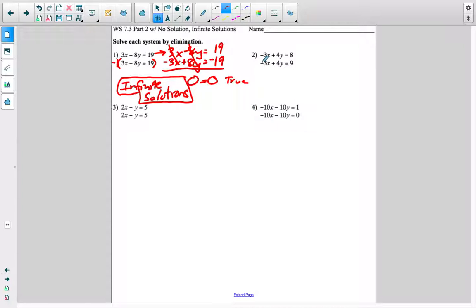If I were to multiply by -1 here, it would make that a positive, that a negative, and that a negative, or the opposite. If you want to save a little bit of writing on 1 through 4, you can do that. So here we have cancelage, cancelage, and that gets you -1. So this is a false statement. There are no solutions.